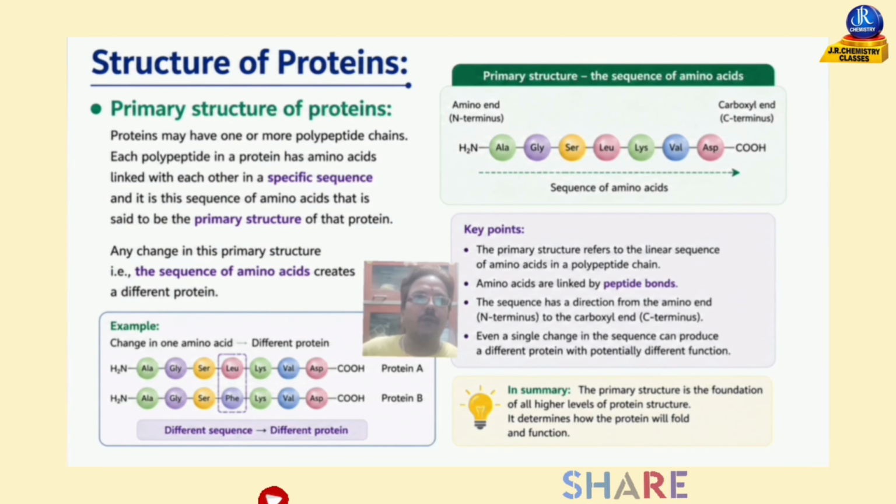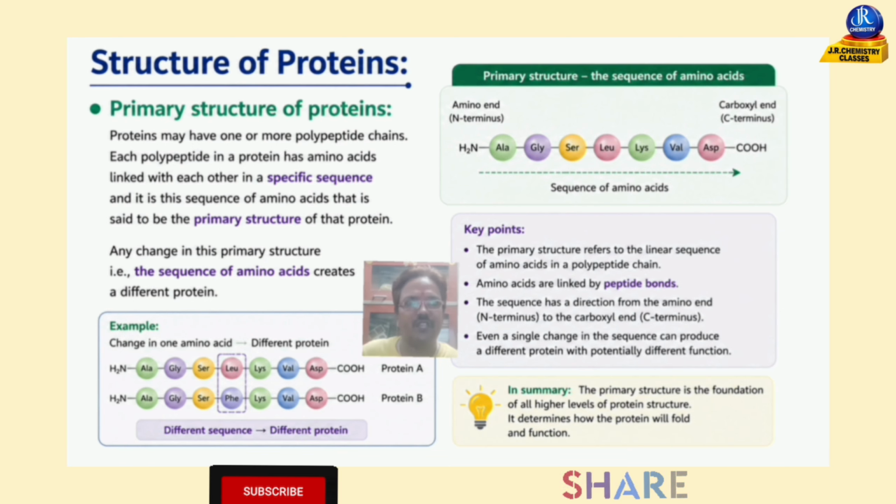Primary structure of proteins. Proteins may have one or more polypeptide chains. Each polypeptide in a protein has amino acids linked with each other in a specific sequence.